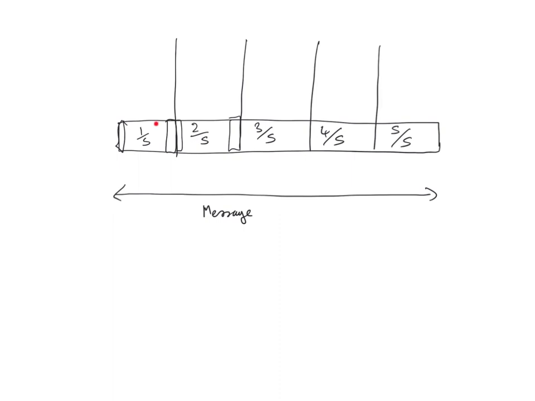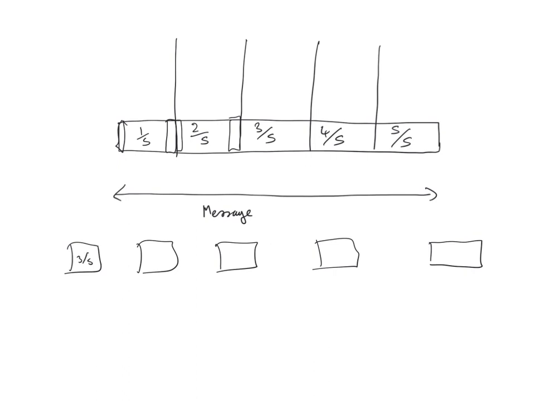And each of these packets will be fired off onto the network separately. And they may arrive in completely different orders than the way that they were sent. So 3 of 5 might get there first, 2 of 5, 4 of 5, 5 of 5, and 1 of 5.